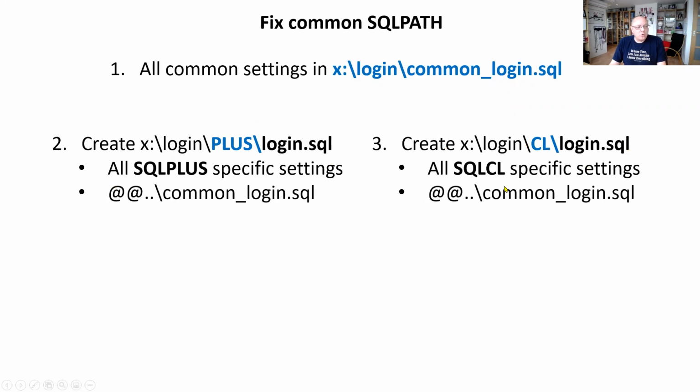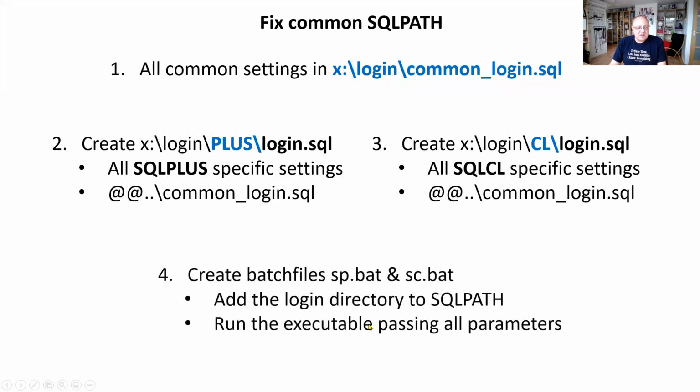It does all tool-specific stuff, and it calls the common login.sql one level higher in the directory tree. Then I create batch files, an SP for SQL*Plus and an SC for SQLcl. I add the login directory for that tool to the SQLPATH, and I run the executable passing all the parameters. And then all is well.